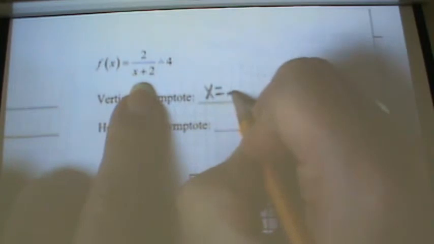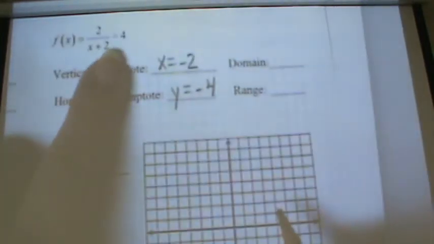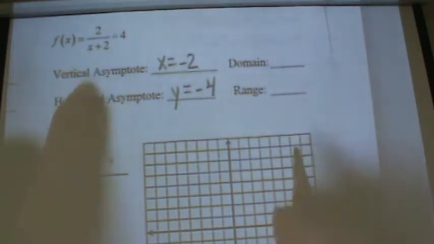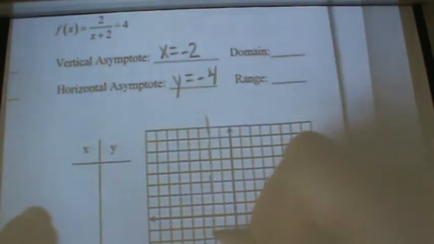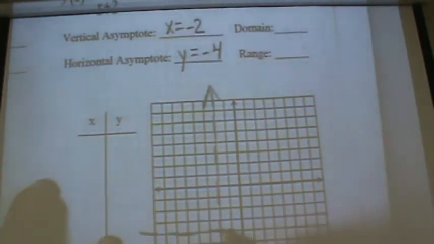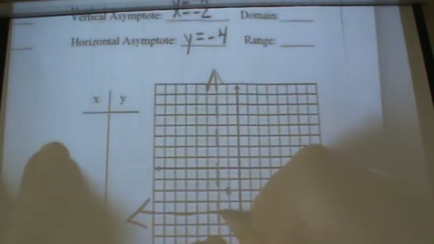So if this is a minus sign, this is gonna be x equals -2, and this would be y equals -4. Did I mess that up? So x is equal to -2, y is equal to -4. This is the correct answer, and up 1 over 1 up 2.